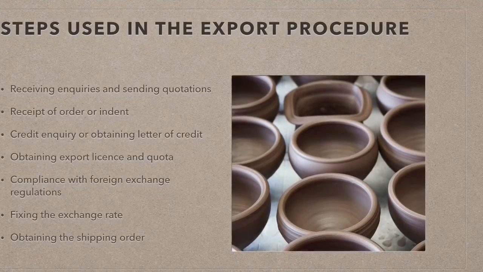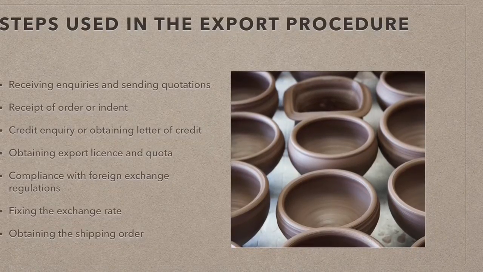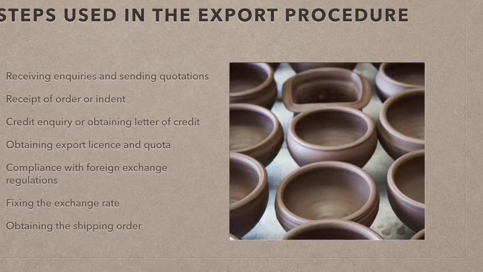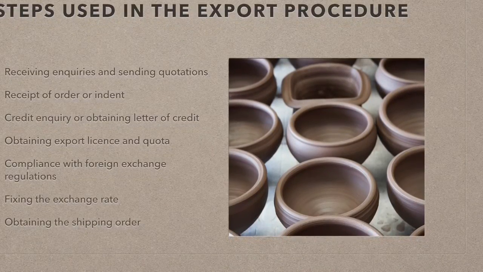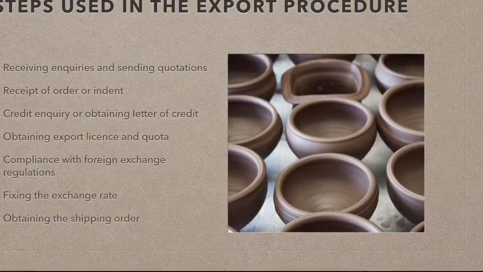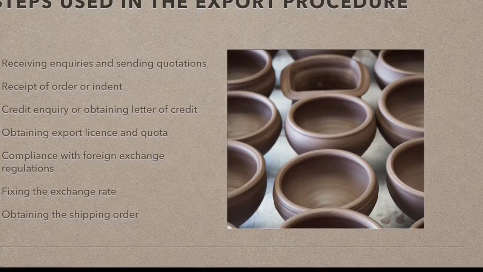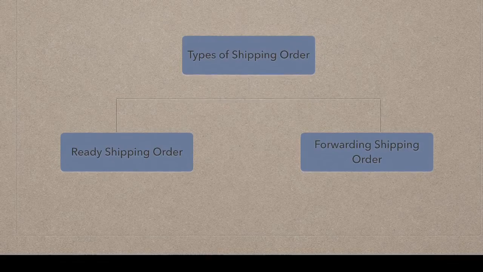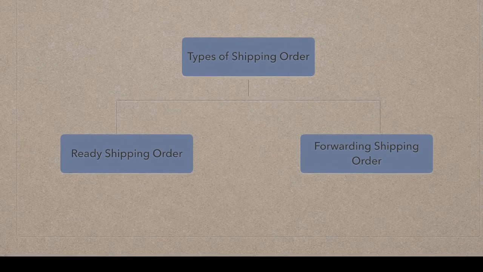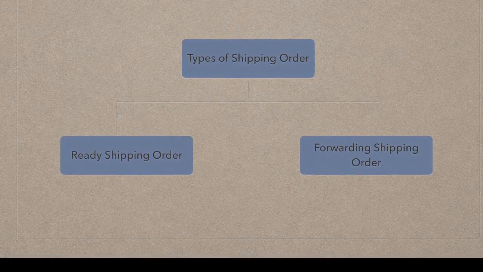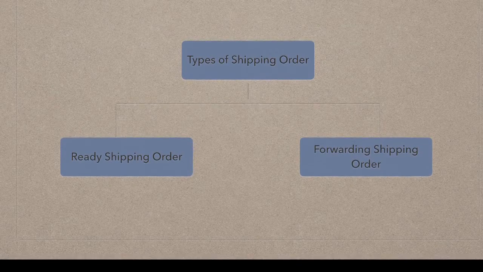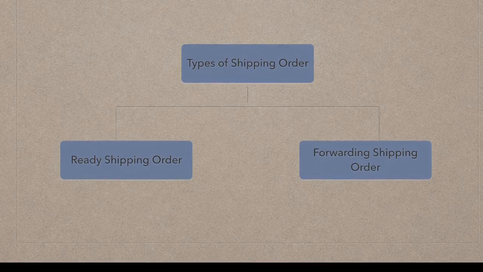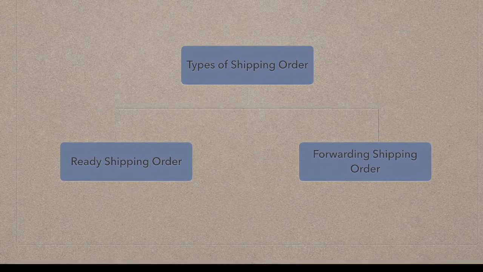After the agreement is done, the shipping company gives a shipping order which contains instructions to the captain of the ship to accept on board of the vessel a specified quantity of goods from the exporter. Now, shipping order is of 2 types. First is ready shipping order, whereby the name of the ship and date of departure are already mentioned in the shipping order.